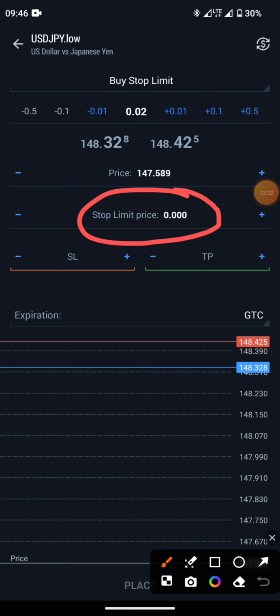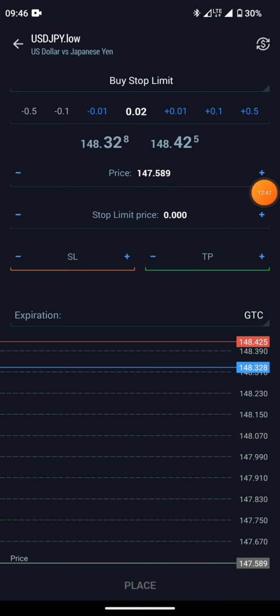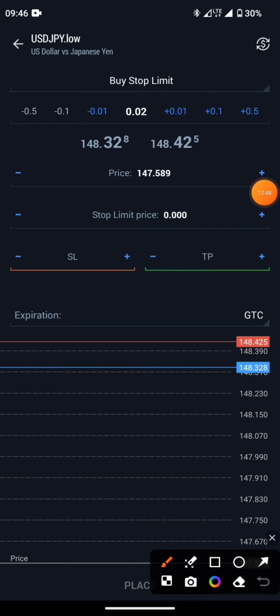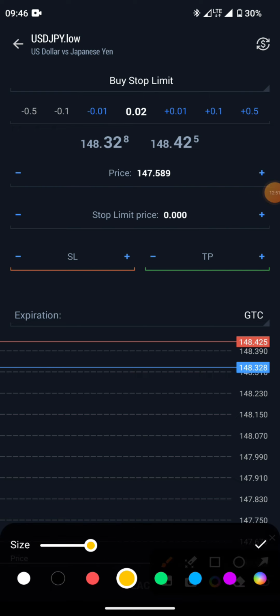This is where you can either start losing money or making money. This is your buy limit. So in the buy stop limit order, this is the price you really want to execute your trade. The price above it is just a trigger. When it gets to this point, it activates my buy limit.